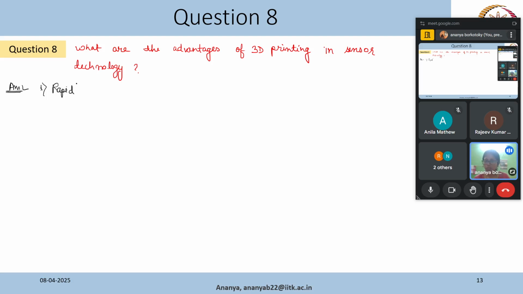We have to make the design, and we can just go for printing. You know that other microfabrication techniques involve a lot of steps. Even photolithography involves multiple steps. 3D printing does not require all those steps. So rapid prototyping is definitely one advantage.